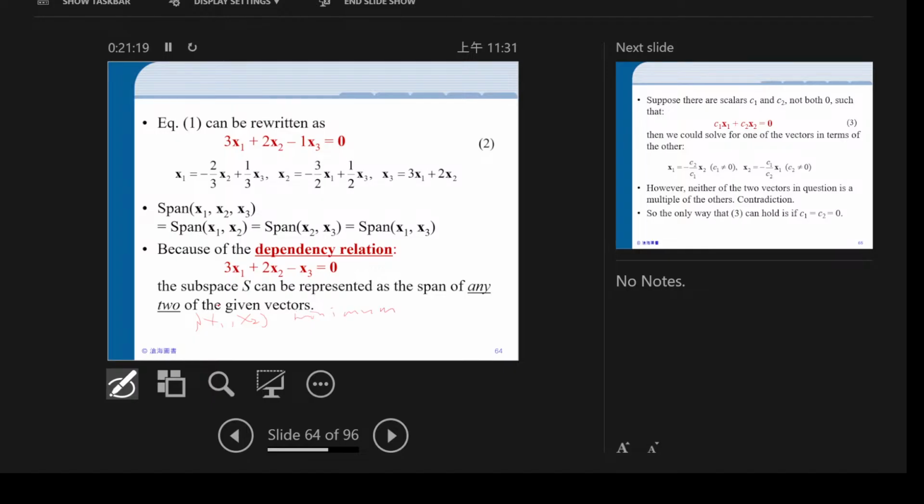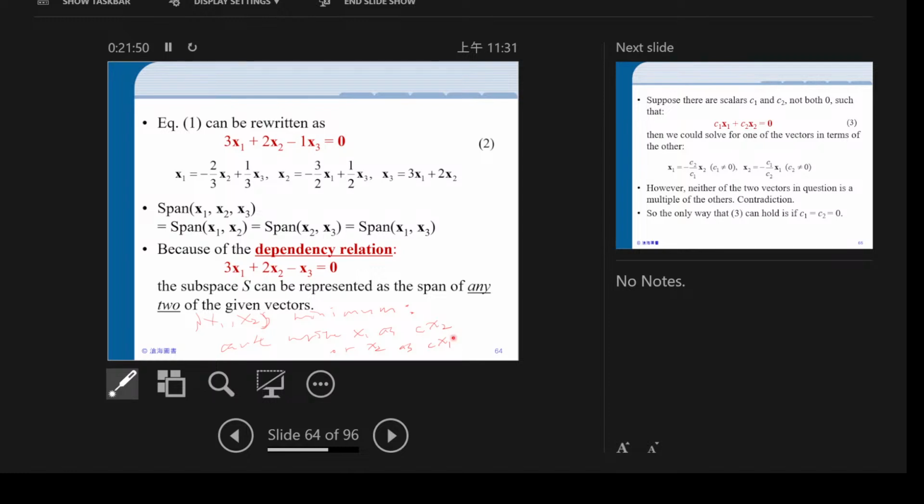Let's say this first. x1, x2 is minimal because we cannot write x1 as something times x2, or x2 as c times x1.